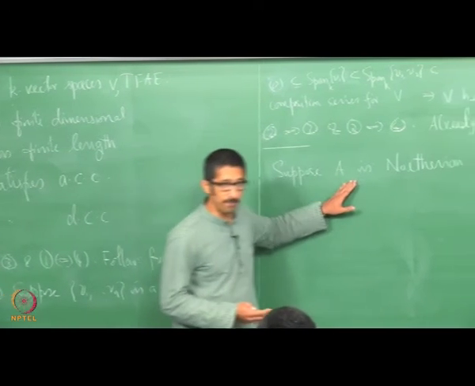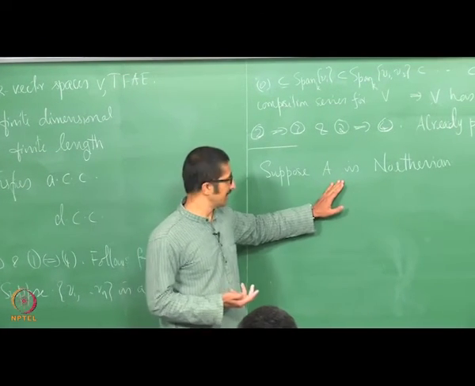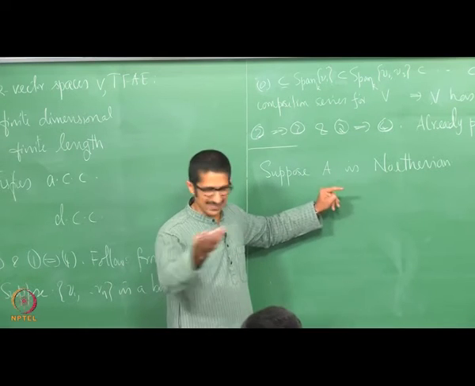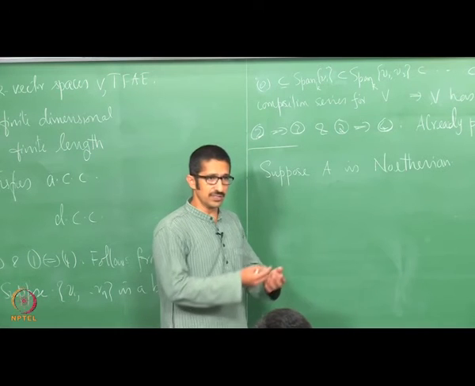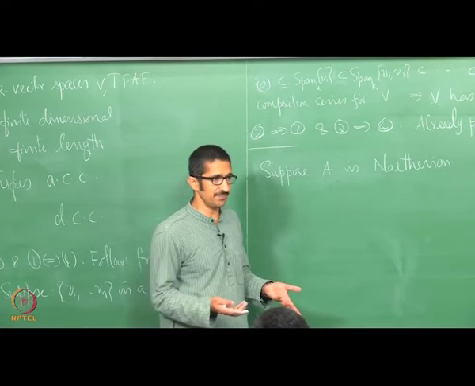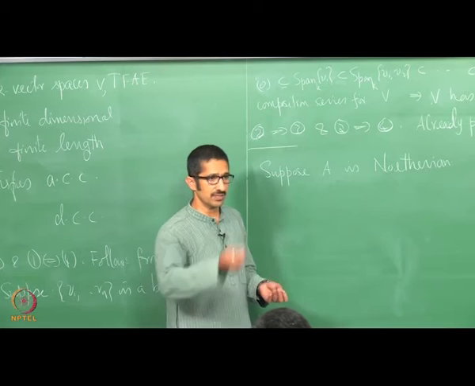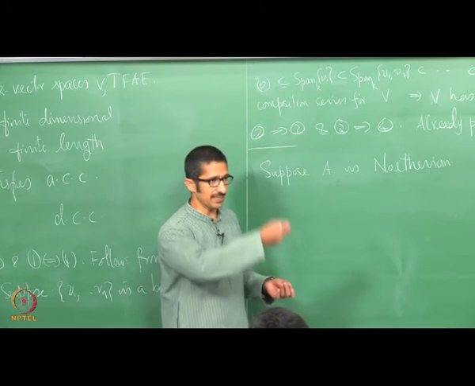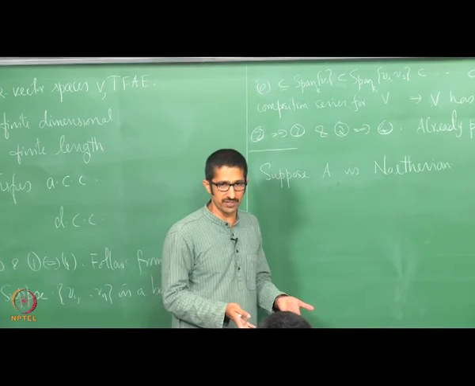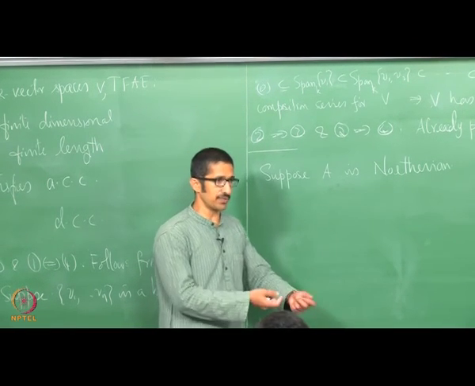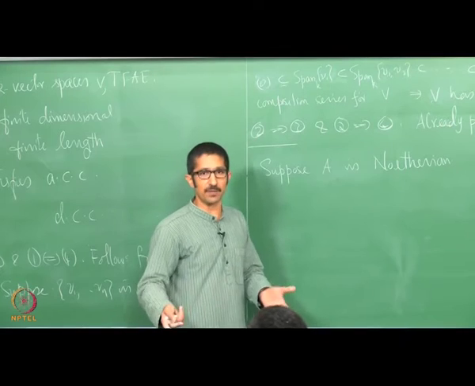For example, take Z. It does not have a composition series, right, because if you start with any ideal, there are no simple submodules of Z. You take any submodule, it contains a proper submodule.